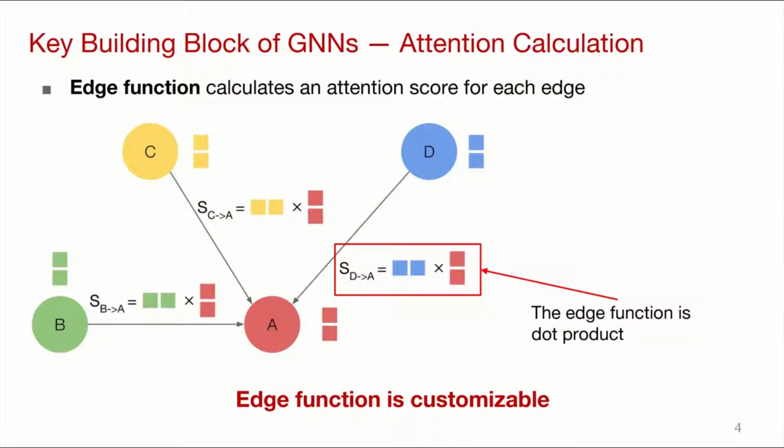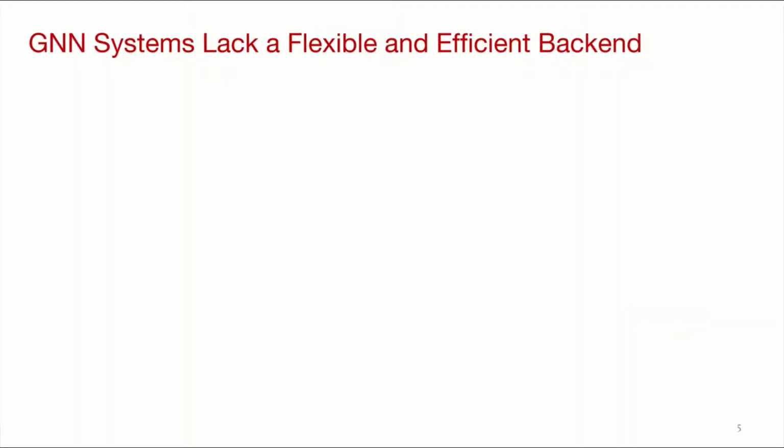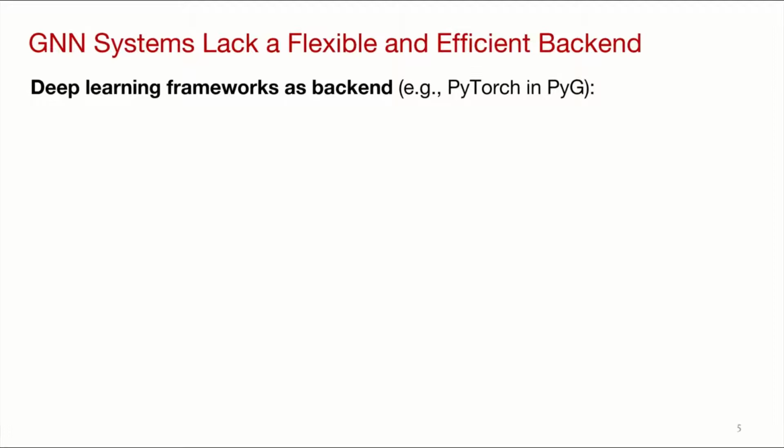Now I'm going to show you that GNN workloads impose huge challenges to computing, and I will explain why existing solutions are not sufficient. Most of the GNN systems are built on existing deep learning systems. For example, PyTorch Geometric uses PyTorch. DGL supports both PyTorch and MXNet.